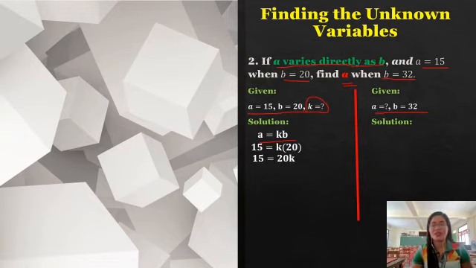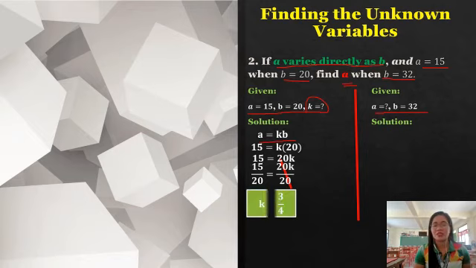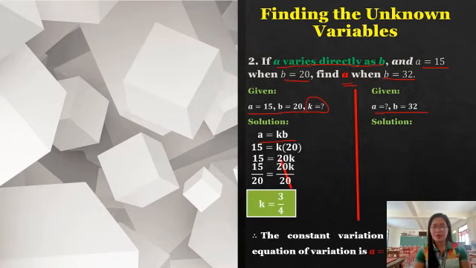We isolate k by dividing both sides by 20, cancel, and 15 over 20 reduces to its simplest form, 3/4. By the way, our constant of variation is 3/4, and the equation of variation is a equals 3b over 4.